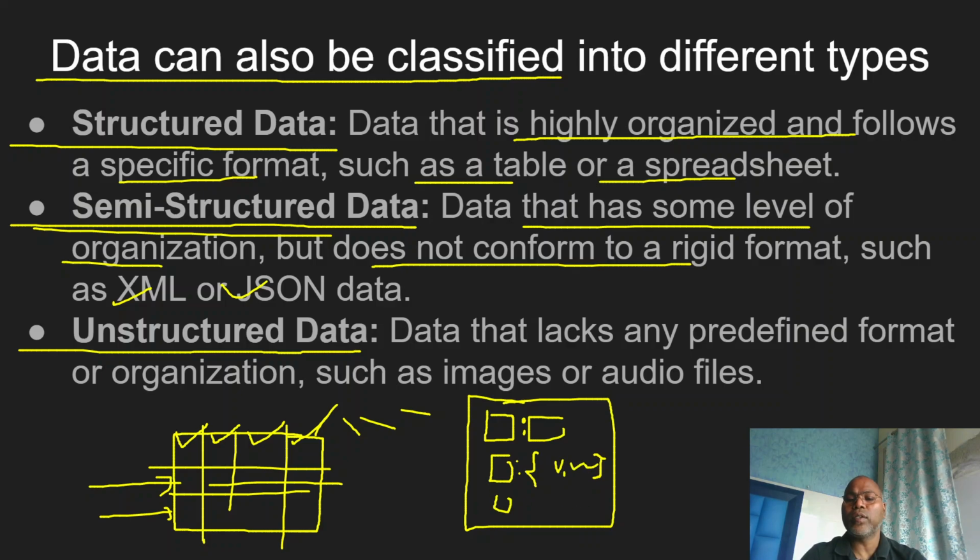Might be you define one JSON key, and inside this JSON again you define a JSON key and again a value. So notice here key and value, key and different value. So the structure of data is not fixed. Maybe someone has only one value, someone an array of values, someone a set of key-values again. Similarly XML or JSON, these are semi-structured data.